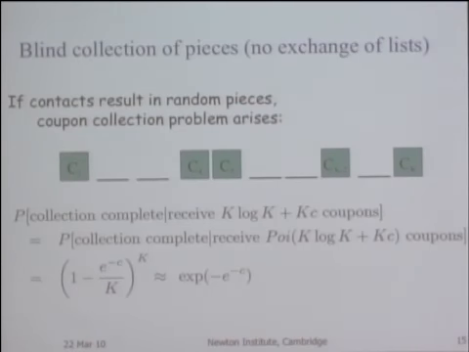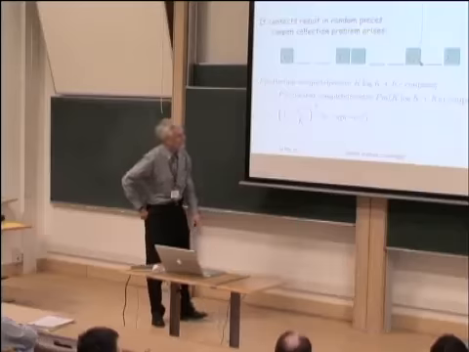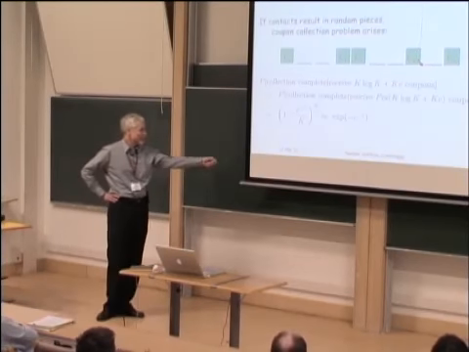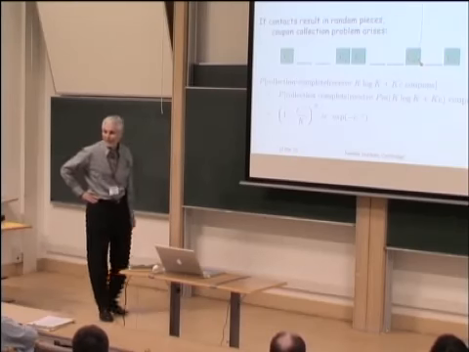This is the probability you do get a coupon of a given type. You raise that to the kth power. That's the probability you get all the coupons that you need. Anyway, it's like that.